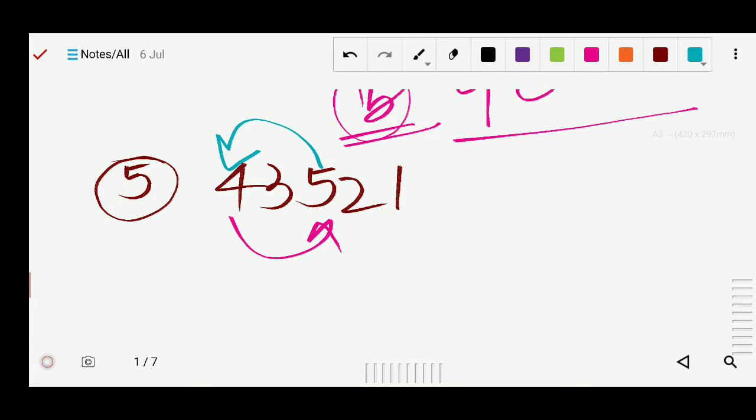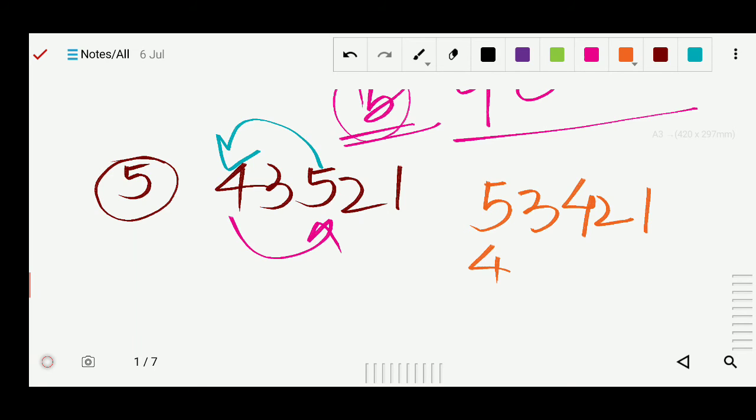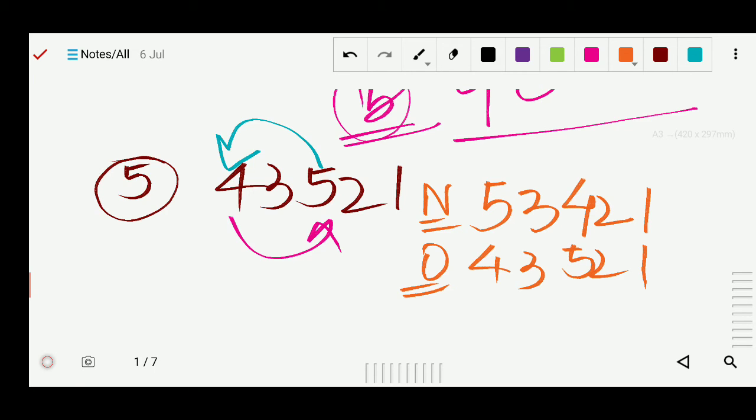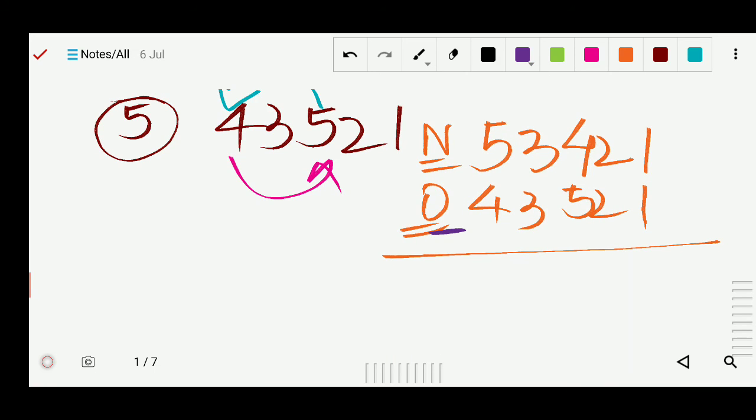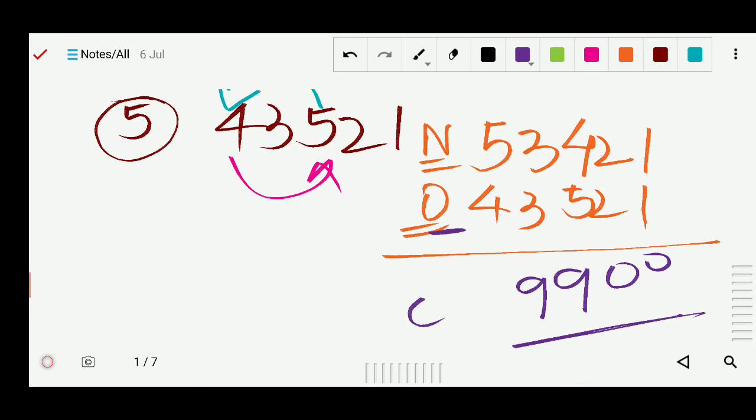After interchanging, I get the new number 53421. The old number was 43521. Now subtract these two, and you will get 9900. So option C is correct. Got it?